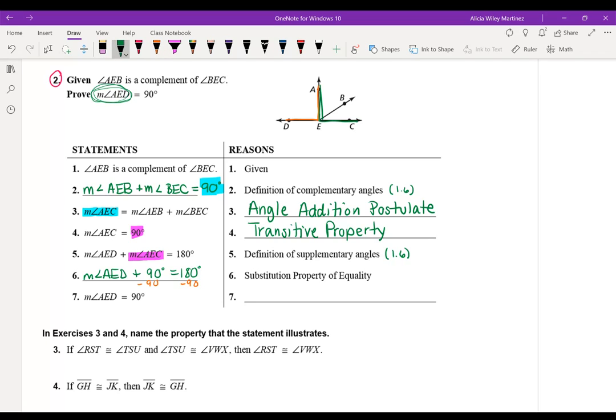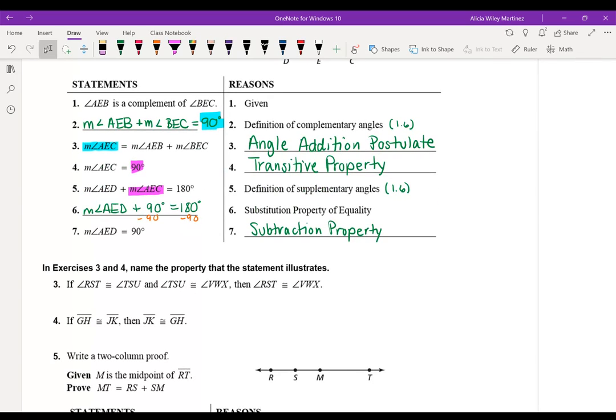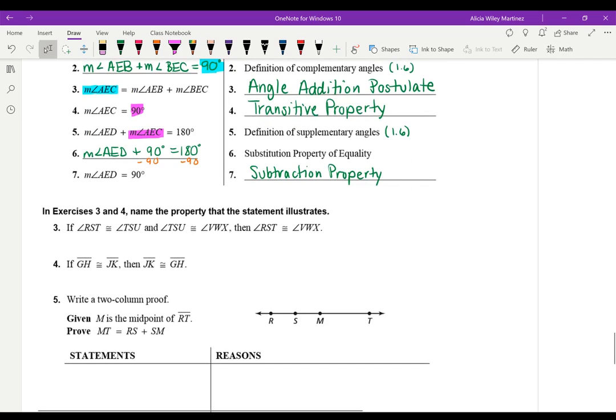So what I've done to get to step 7, which is my proof statement, is subtract on both sides. That would be the subtraction property. Remember, subtraction property can be used with angles, segments, and numbers, as long as we're dealing with measurement values. Okay? All right.